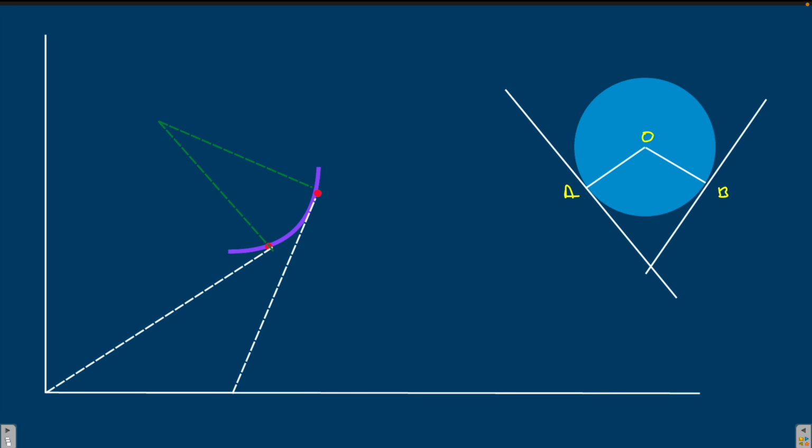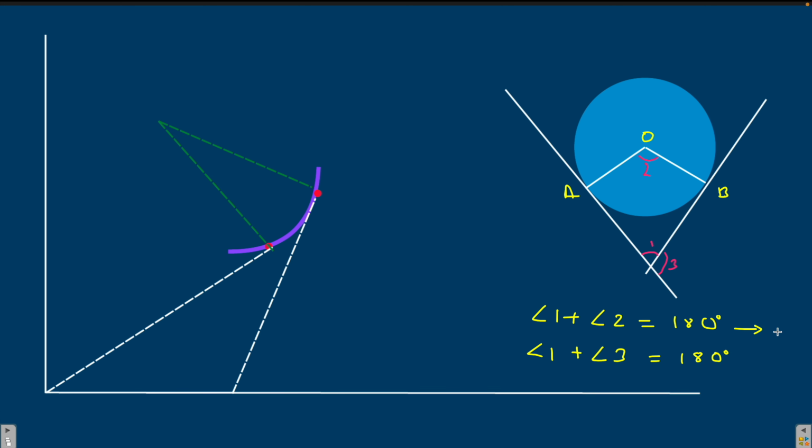Now let this angle be 1, this angle be 2, and this angle be 3. From the properties of the circle we know that angle 1 plus angle 2 is equal to 180 degrees. Also we know that angle 1 plus angle 3 is 180 degrees. They lie on a straight line, technically known as a linear pair.